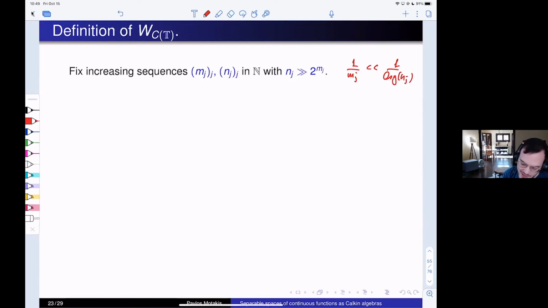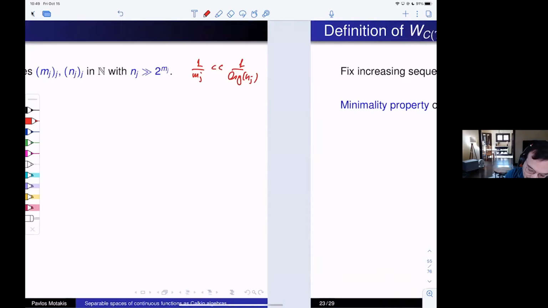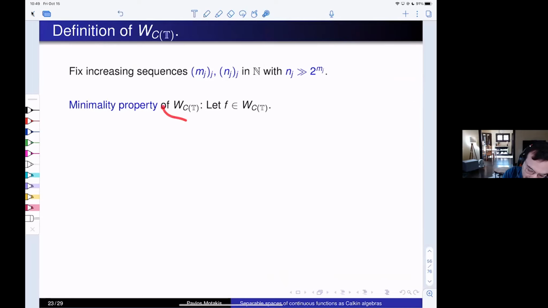And with these, you define a norming set W_CT, which satisfies, among a couple of other Gowers-Maurey-like properties, the ones I want to focus on, which have to do with the boundedness of diagonal operators. So it has the following minimality condition. If you take any member f of this norming set, it has to be of two forms.